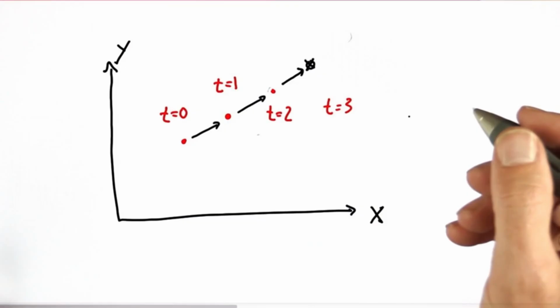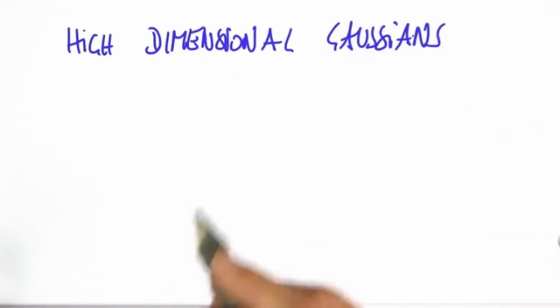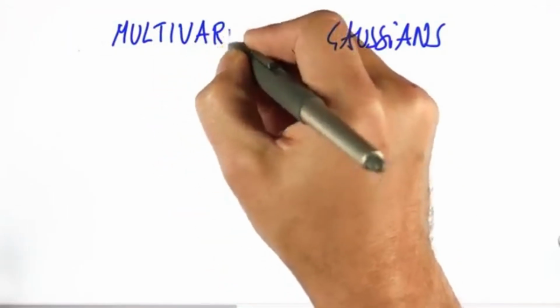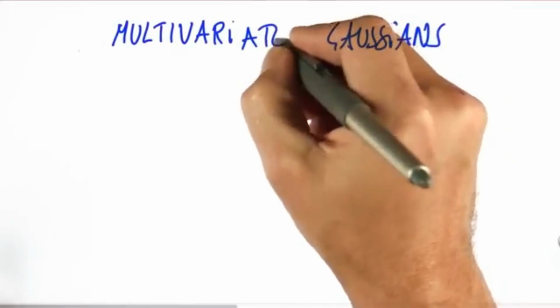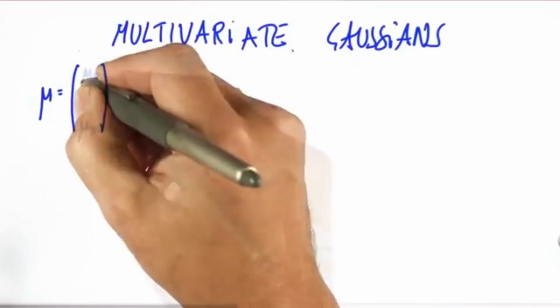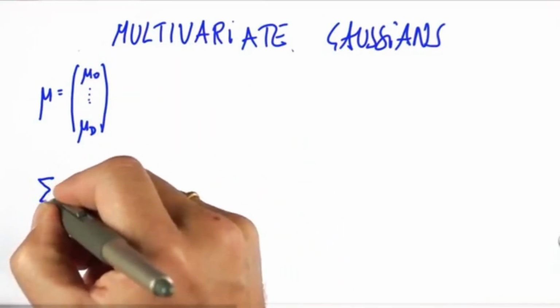To explain how this works, I have to talk about high-dimensional Gaussians. These are often called multivariate Gaussians. The mean is now a vector with one element for each of the dimensions.